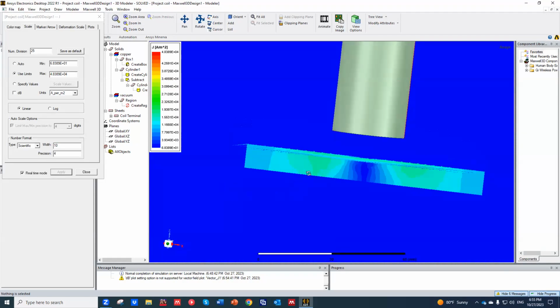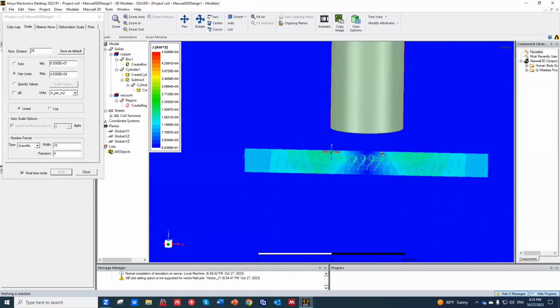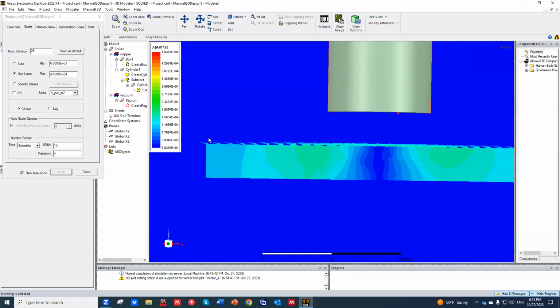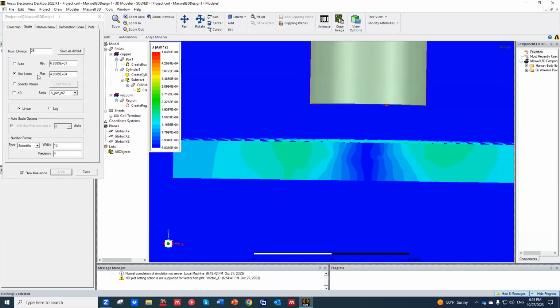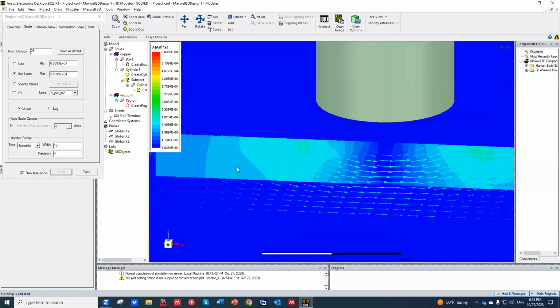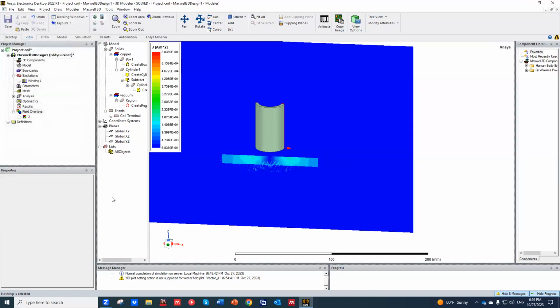As you can see, this eddy current is distributed not only on the surface, but it also penetrates inside, right? So we see this current distribution inside of the slab. And at the same time, it decreases as we go from the boundary, right? We clearly see it here. The current is decreasing when we go from the surface to the bulk of the metal. And this is a manifestation of this skin depth effect. Okay.